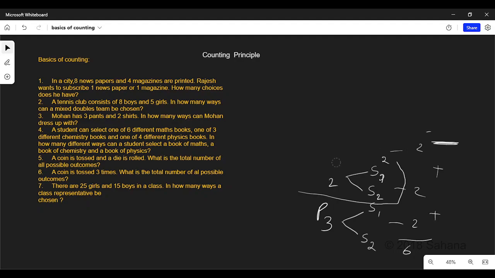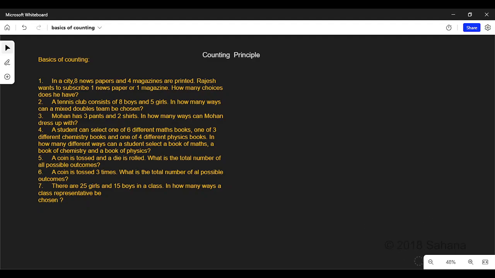Fourth question: a student can select one of 6 different maths books, one of 3 different chemistry books, and one of 4 different physics books. In how many different ways can a student select a book of maths, a book of chemistry, and a book of physics?